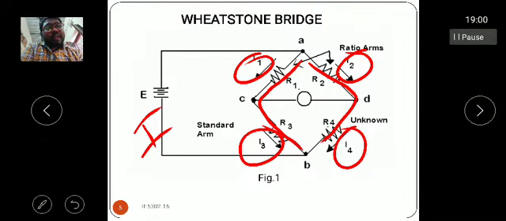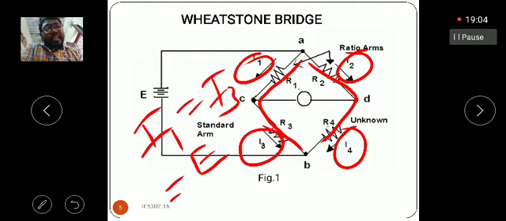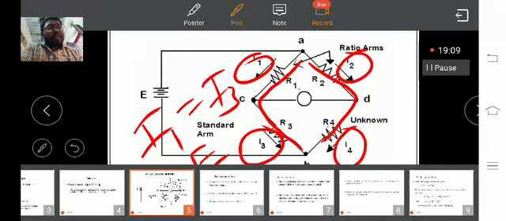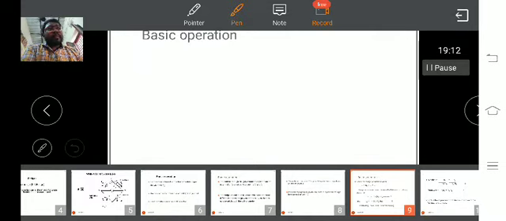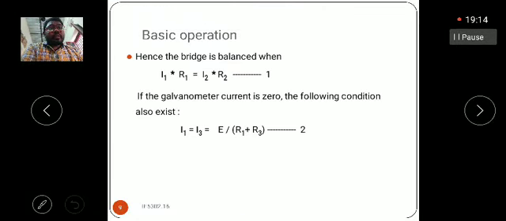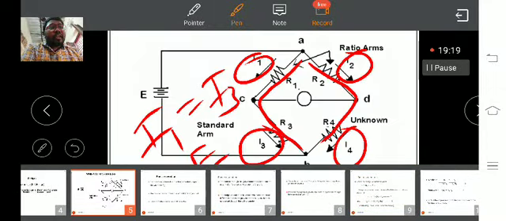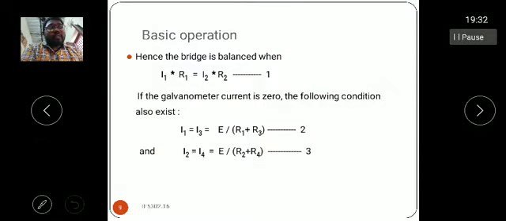The current I1 is equal to I3, which is equal to E by R1 plus R3. Then the equation: I2 is equal to I4, which is equal to E by R2 plus R4. This is equation 2. This is equation 3.